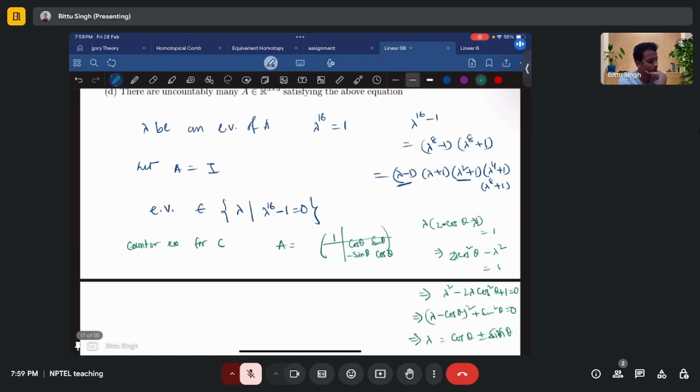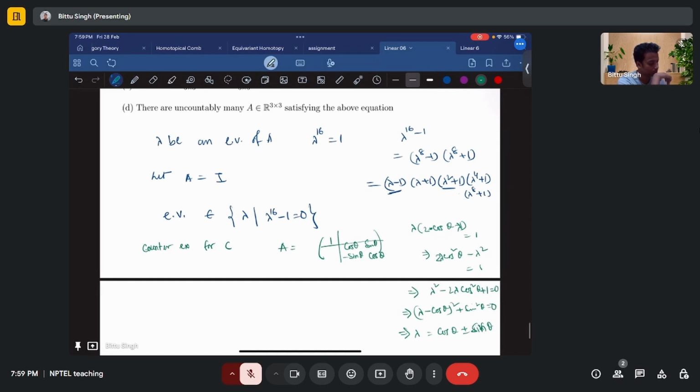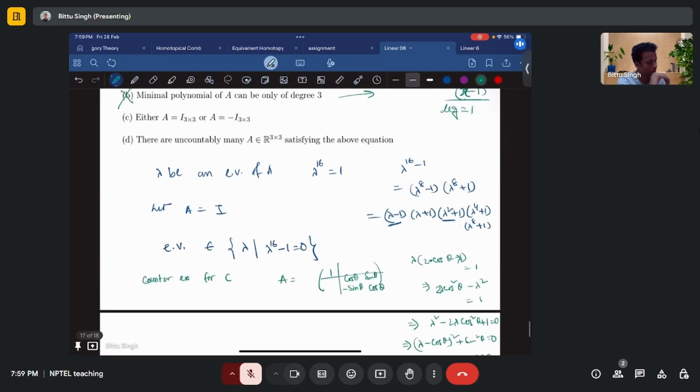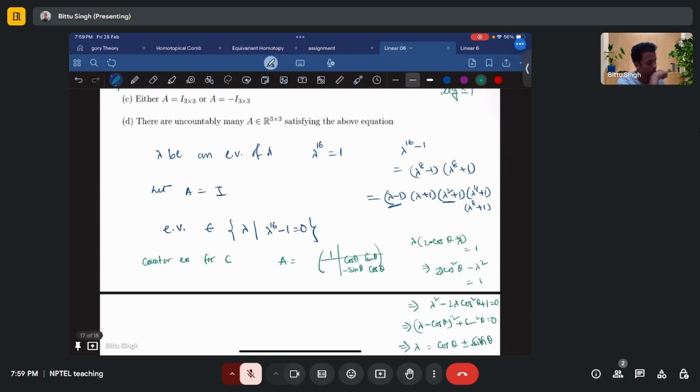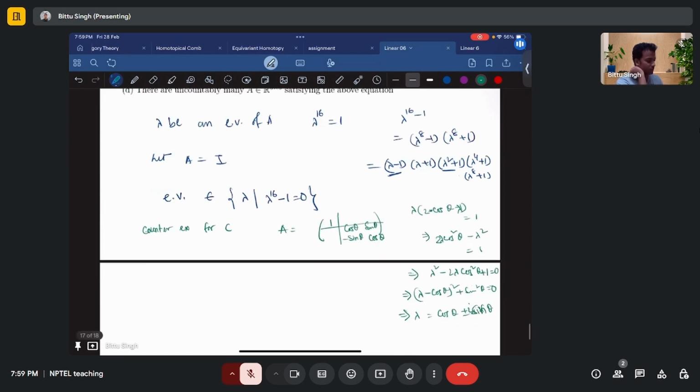Now cos theta plus minus I sin theta means it is e to the power I theta. We want this to be a root of this equation.